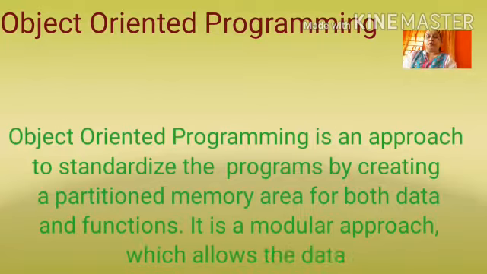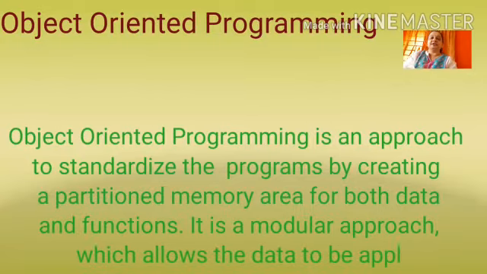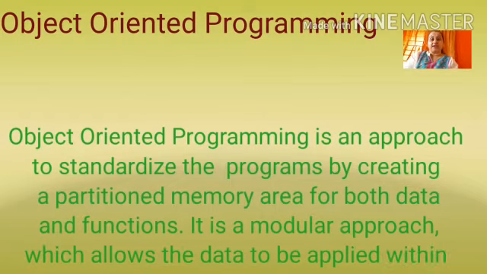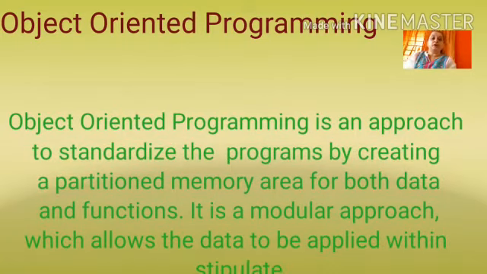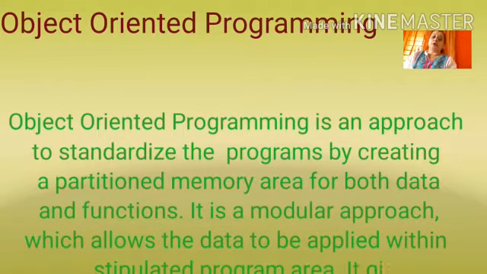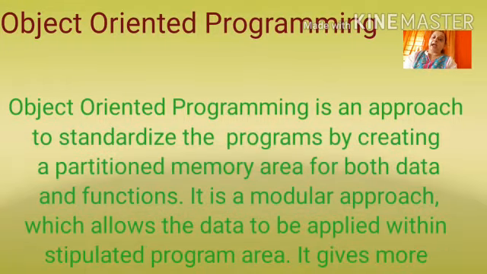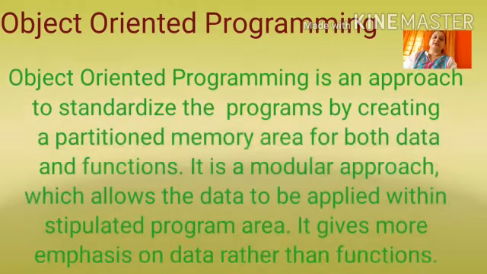So the memory place is partitioned for the data as well as for the function, and it is in modular form. Why? Because the whole program can be divided into small pieces. Like in a particular function or method, a particular task is done.